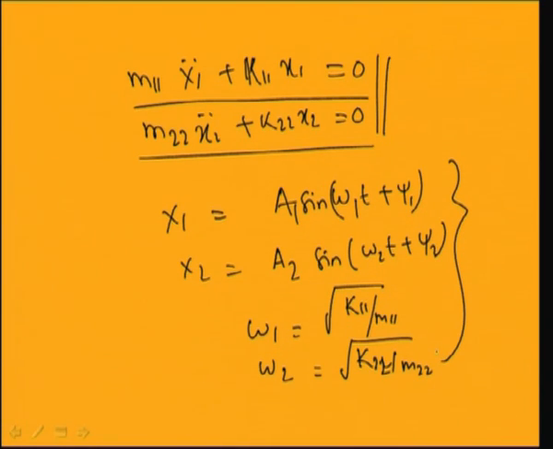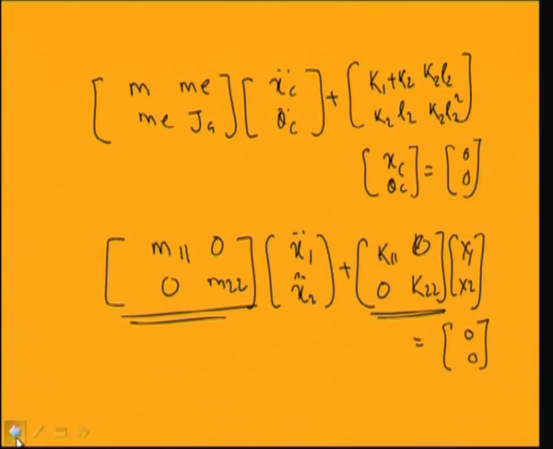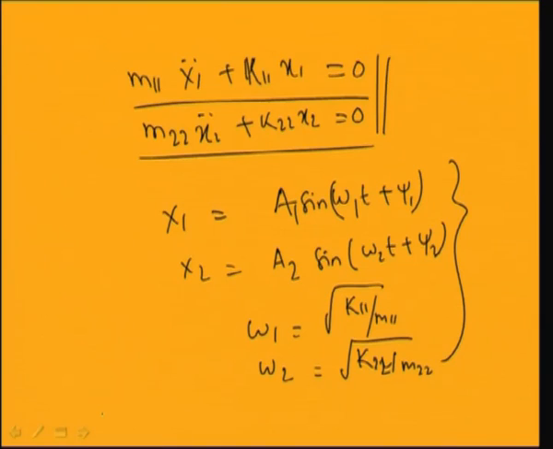So if you are able to reduce the equation of motion to equations where both the mass matrix and stiffness matrix are uncoupled, then you can convert these to a set of single degree of freedom system equations, for which you already know the solutions, and you can find the normal modes of the system very easily.